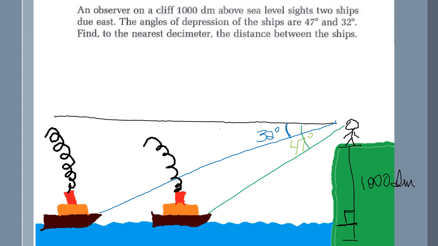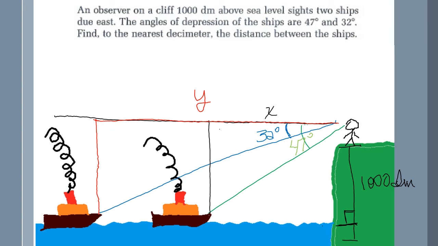Okay, now we can go ahead and set up some trig. So this is the distance. We can draw our measurement here, and this one's going to be x. And we're going to also have this here, and the red one will be y. And the difference between x and y is going to be this right here.